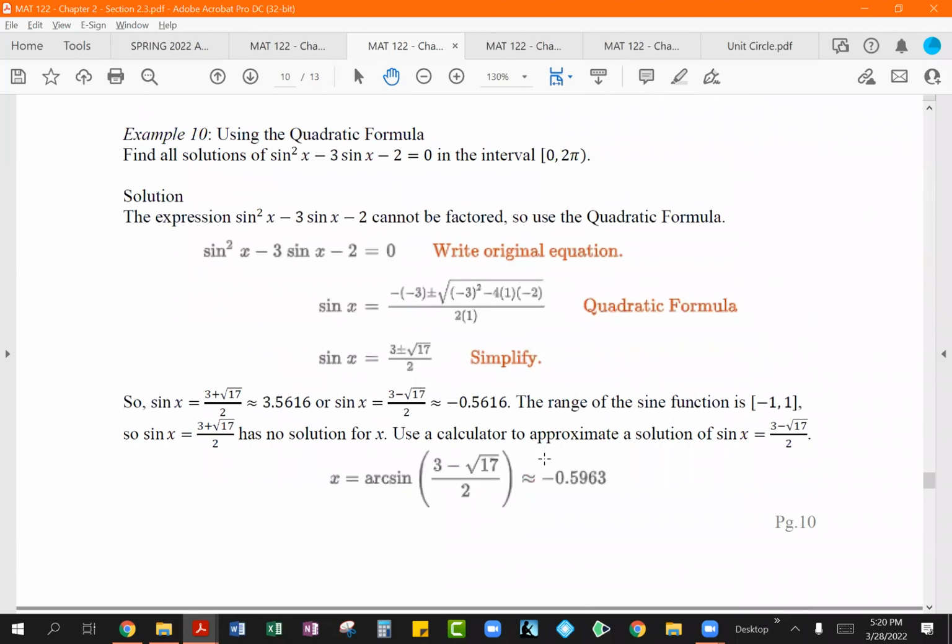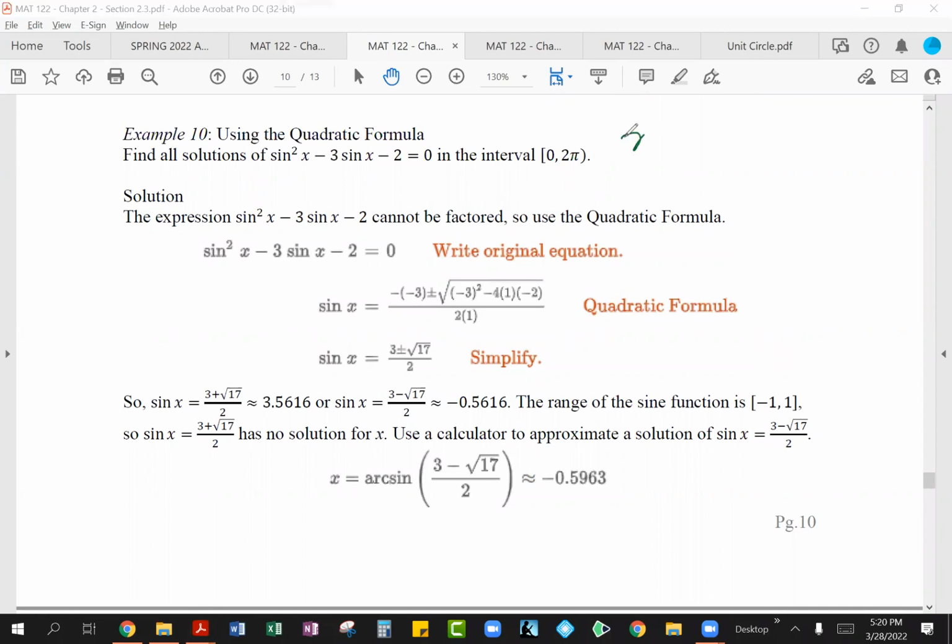This one over here is actually talking about how you can use the quadratic formula. Remember, the quadratic formula is x equals negative b plus or minus the square root of b squared minus 4ac, and then the whole thing divided by 2a. In this case, your a, b, and c are coming from the quadratic equation here.